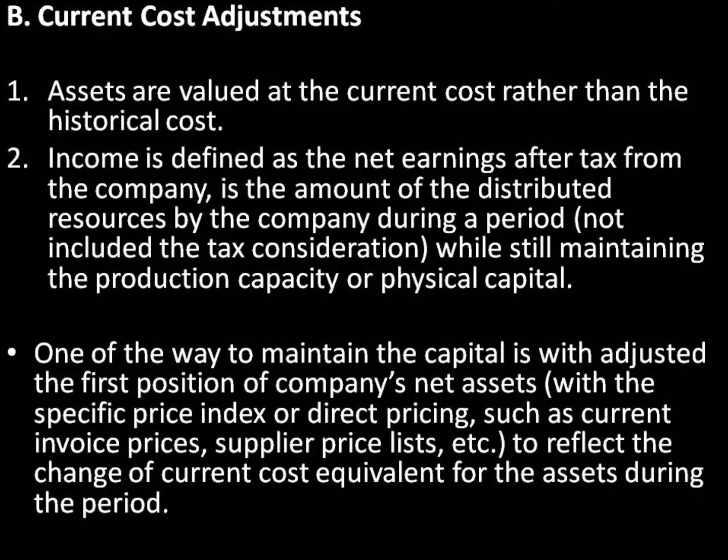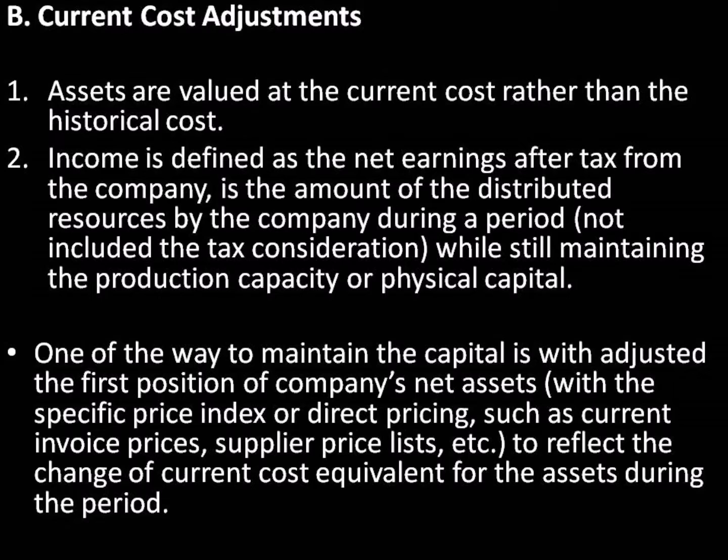B. Current cost adjustments. Number 1. Assets are valued at the current cost rather than the historical cost. Number 2. Income is defined as the net earning after tax, the amount of resources the company could distribute during a period, without considering tax, while still maintaining the production capacity or physical capital.